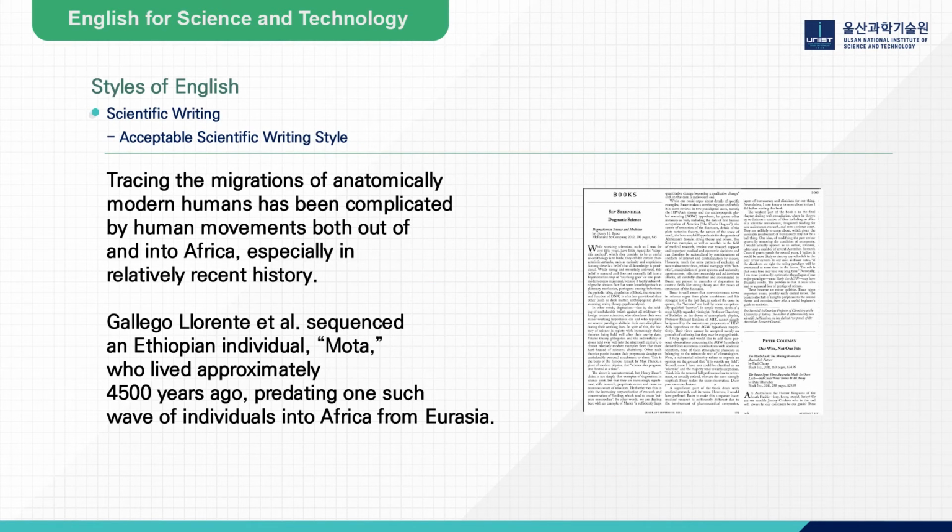Now we have the scientific writing style. This is the beginning of a scientific research paper on genome study. There are technical terms that non-biology majors may not understand. However, there are some words that ordinary people may understand. The word is sequenced. In fact, in biology, sequence is used as a verb.